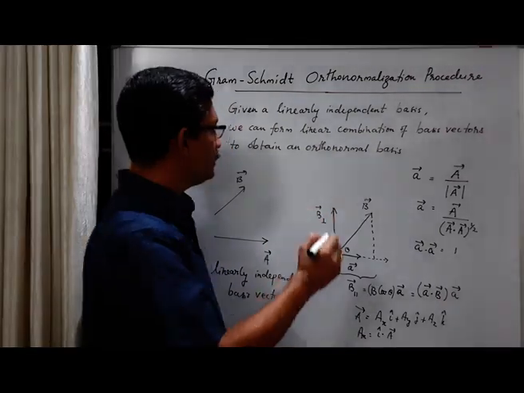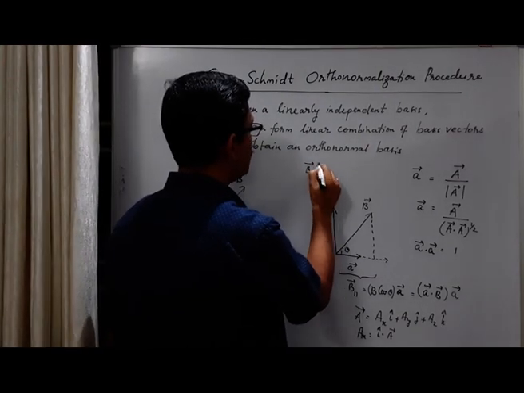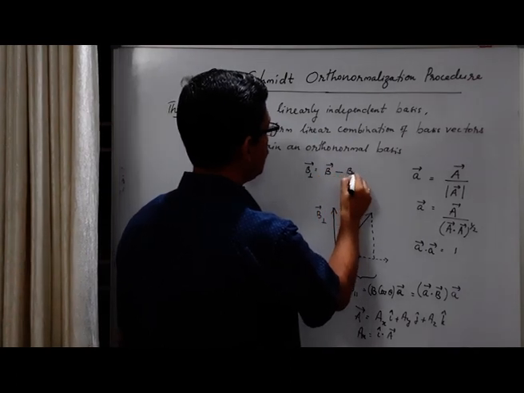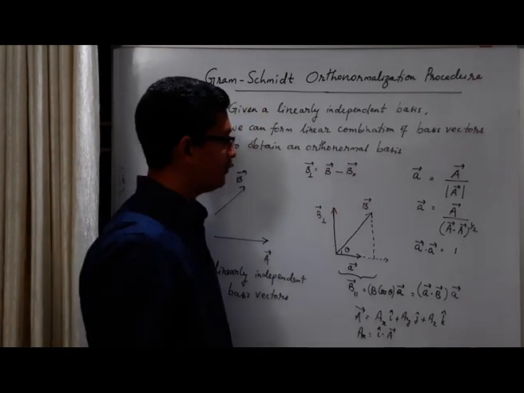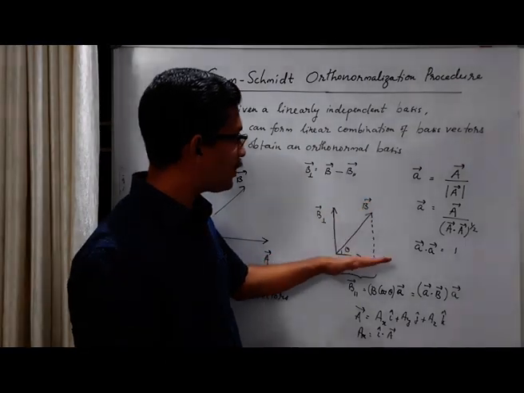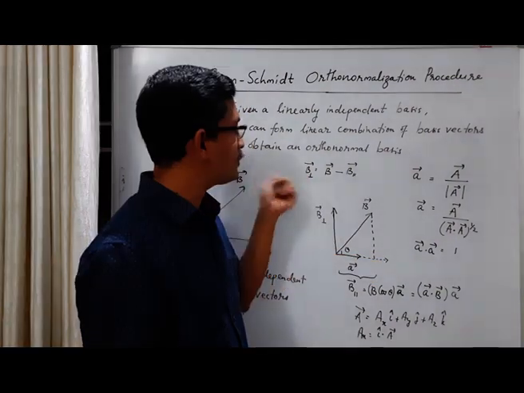Now, we can look at this B perpendicular as the total vector B minus B parallel. You take the original vector B and subtract the component along the direction A. Then we get this one.